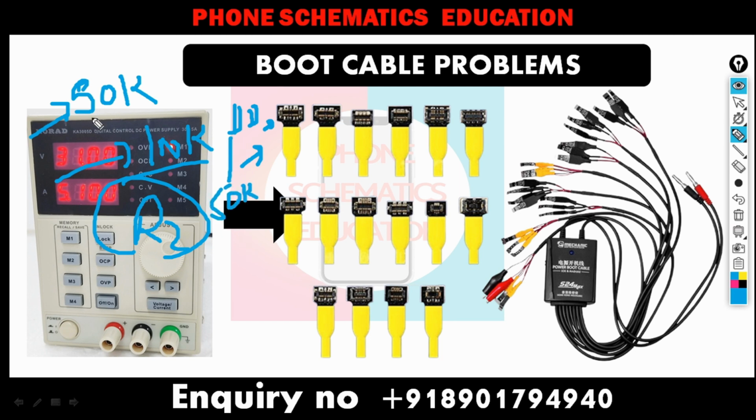So whichever phone has the same circuit will turn on with the boot cable with the compatible connector. But when the circuit mismatches and you try to turn on your phone, it shows something like 30, 40, 60 milliamps. After you release the power on/off button, it goes back to 0. So you think there is a secondary line short or CPU problem. But when you try to turn on with the battery, your phone works well and turns on properly.